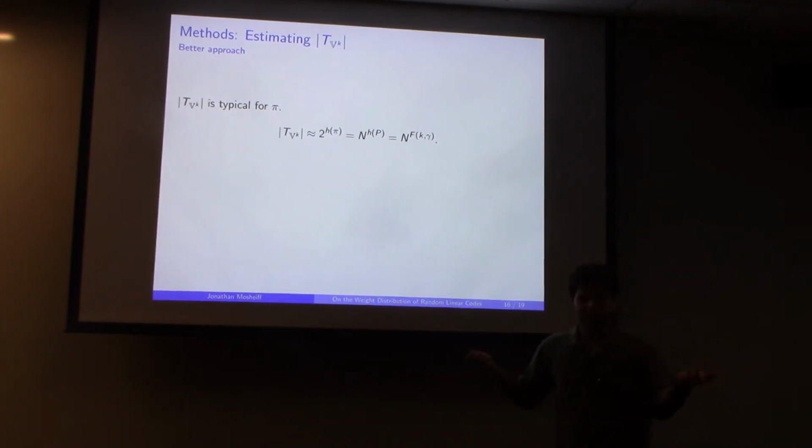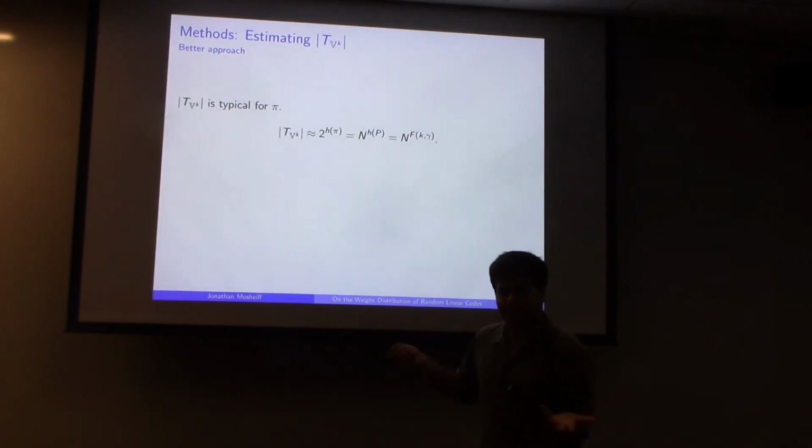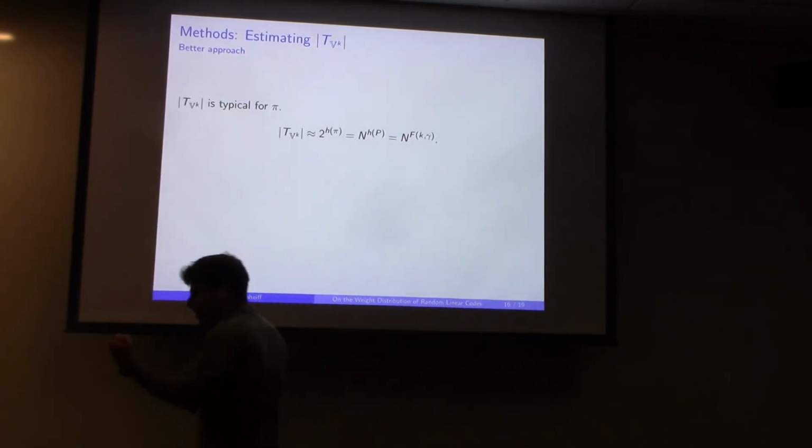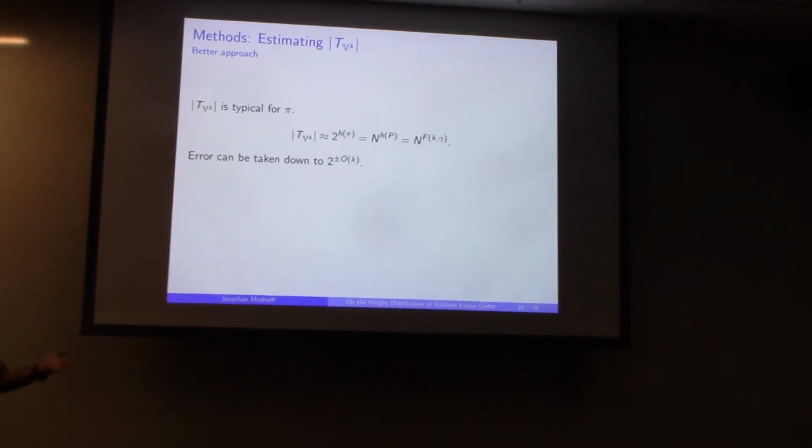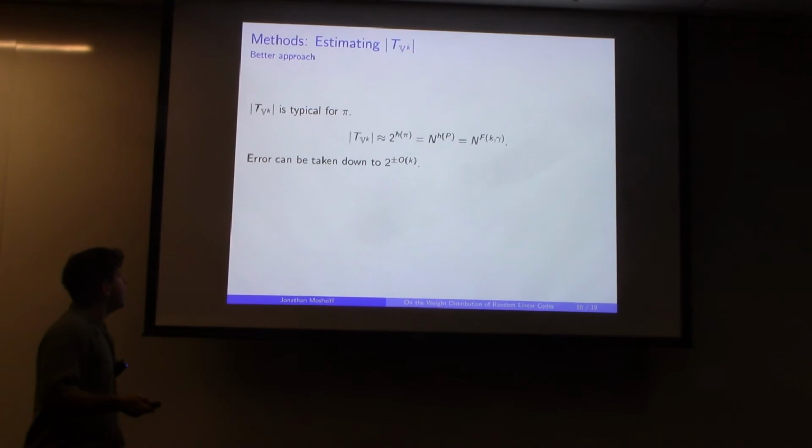Since it's a pretty likely set, we can just use the entropy of this distribution in order to estimate the size of this set of matrices. Using computations like this, the error can be taken down to just exponential, not double exponential in k, which is nicer.